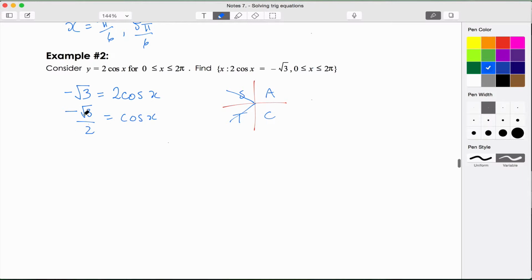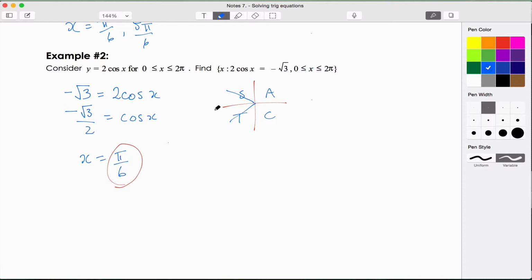Look up your table for where cos is equal to root 3 over 2, and you will get x equals pi over 6. That is our reference angle. If we wrote pi over 6 as one of the solutions, it would be here. But we don't want that solution, so we're just going to use this to help us find the other two.